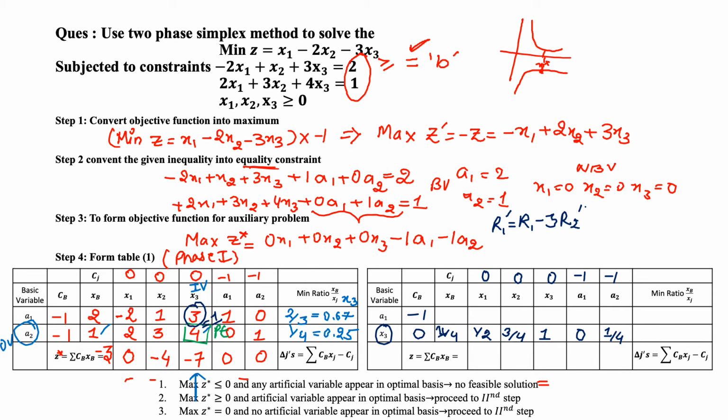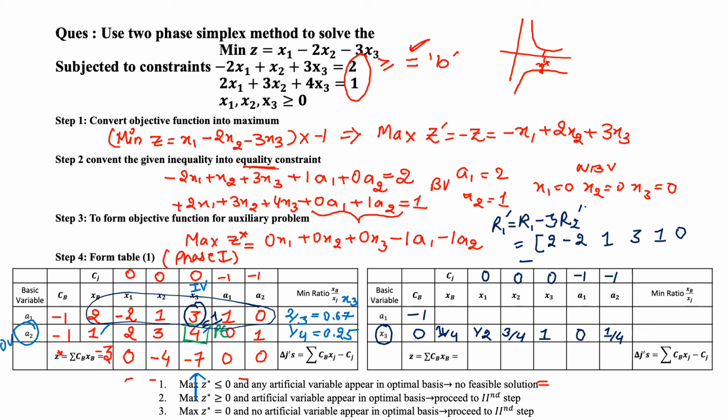Okay, so old R1 is 2 2 1 3 1 0. This whole row over here is my old R1. Then minus 3 into your new pivot row. Multiply this whole row with 3 and you will get 3 into R2 dash.